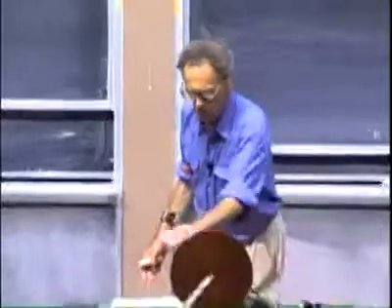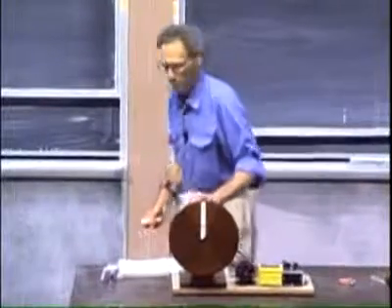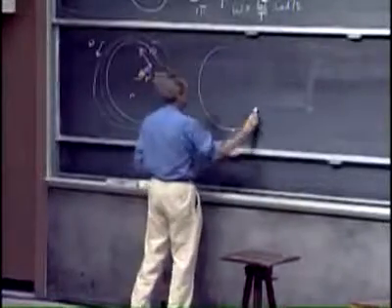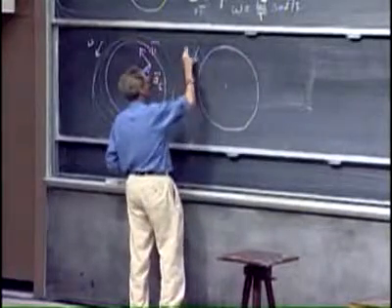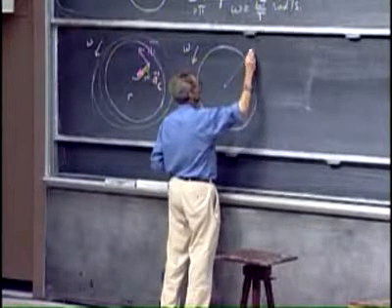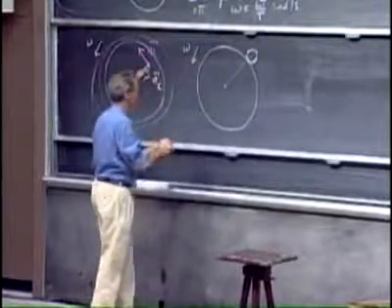I have here a disk, which we will rotate, and at the edge of the disk we have a little ball. And the ball is attached to that disk with a string. So now this is vertical, and this is going to go around with angular velocity omega, and the string is attached to this ball, and the whole thing is going around.